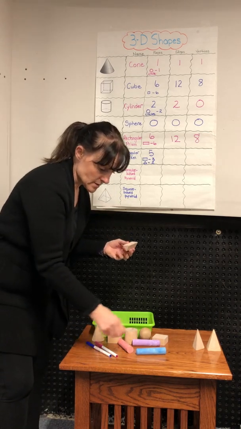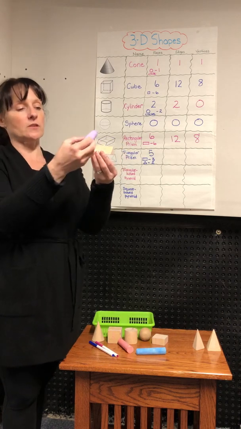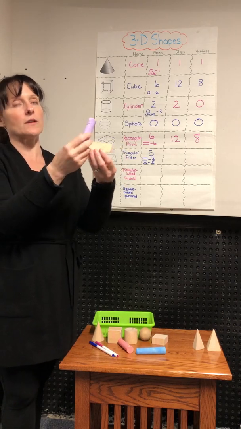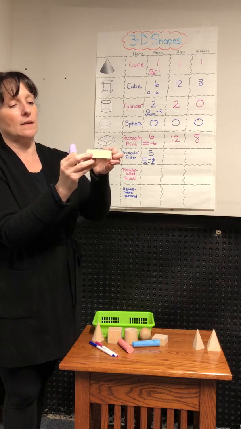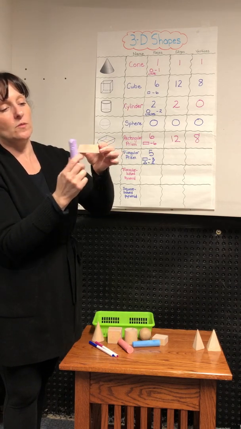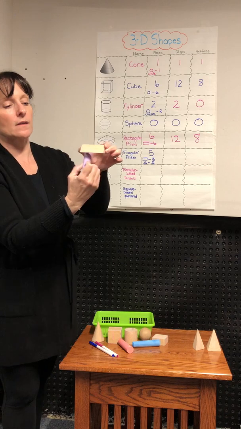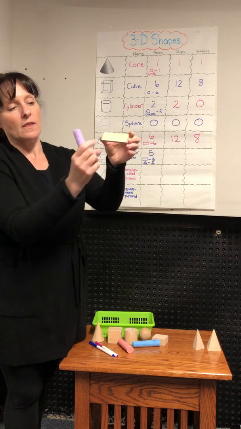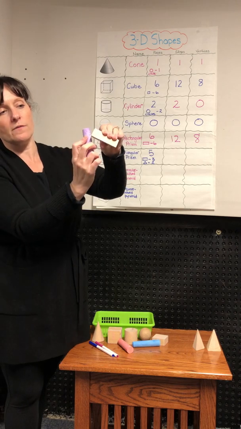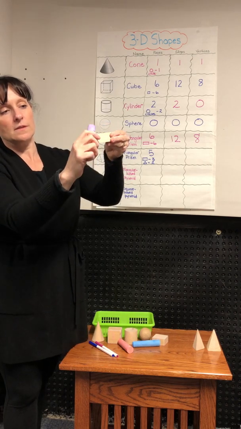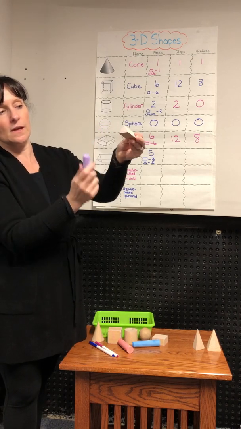Now for edges, I'll start at the top again. So remember, we're always looking for where our 2 faces meet. 1, let me hold the sides, 2, and the back is 3. Then I have to go and do my ends. 4, 5, 6, 7, 8, 9.